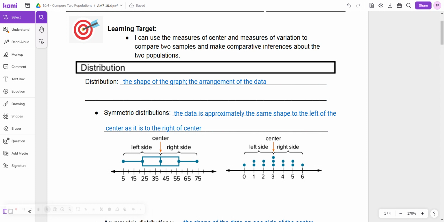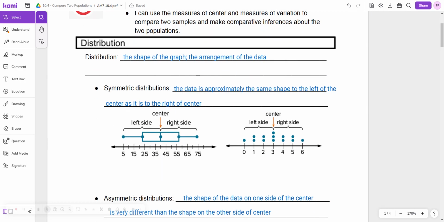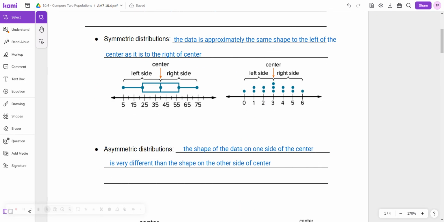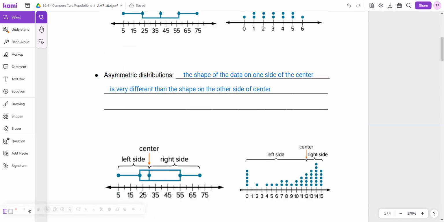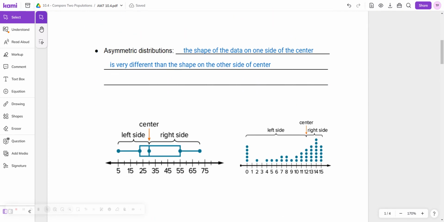And the same thing for this dot plot. If I were to fold it down the center and match it up, it would match exactly. Now, for asymmetric distributions, it does not match up exactly. The shape of the data on one side of the center is very different than the shape on the other side of the center.